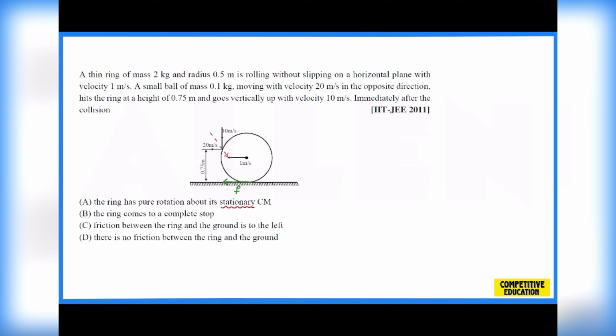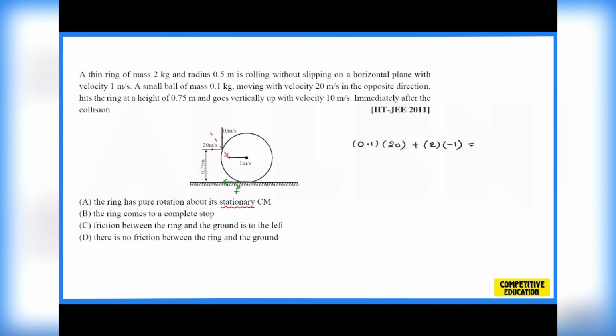Now if I assume this friction to be non-impulsive, this is the glitch in this question, I can conserve the momentum. And what can I write? Initial momentum of this system. So initial momentum of ball is its mass 0.1 kg into its velocity, that is 20, plus mass of ring, that is 2 kg, and its velocity, it is in negative direction, -1.